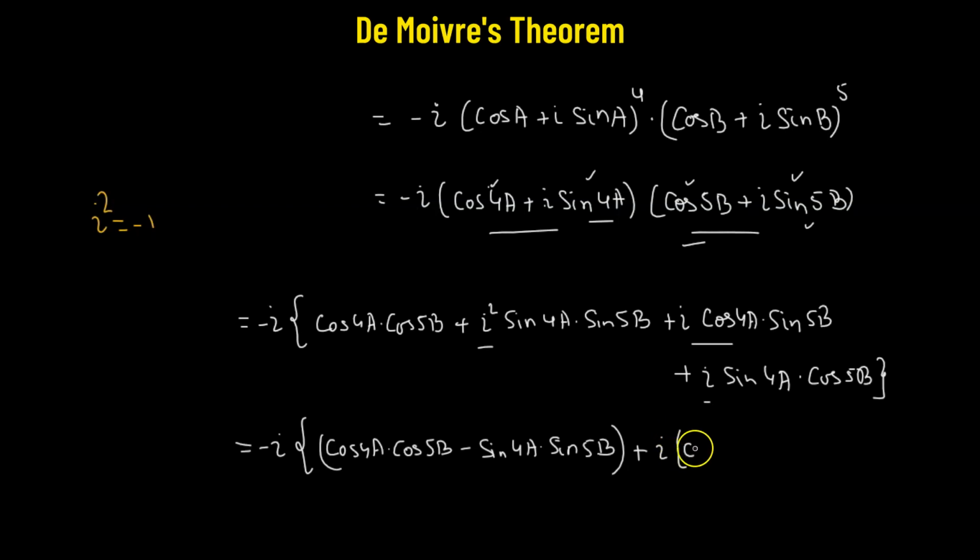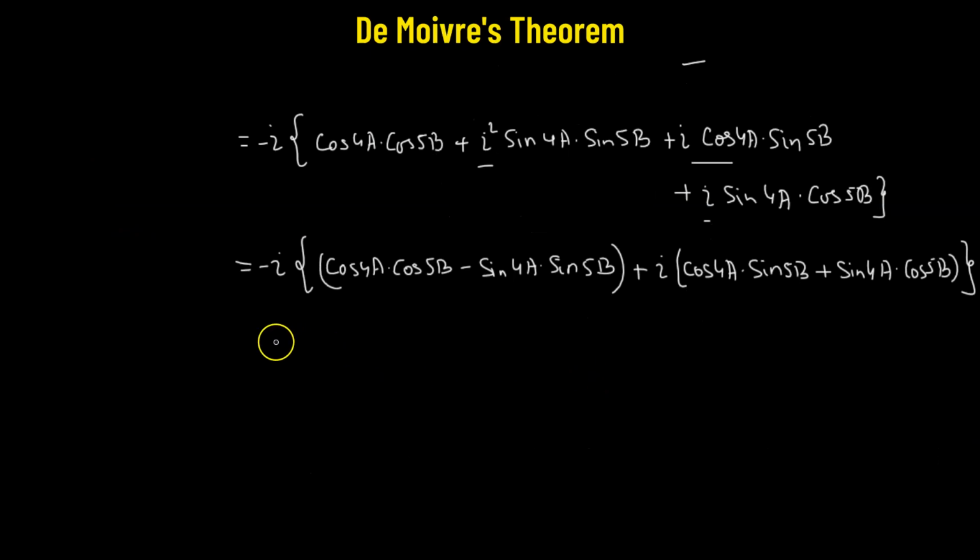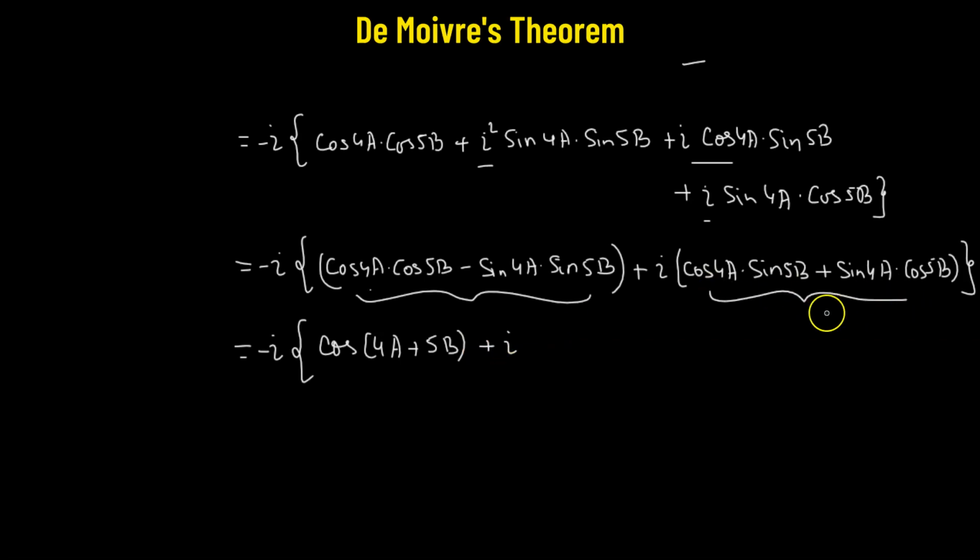So iota will get multiplied to cosine of 4a times sine of 5b plus sine of 4a times cosine of 5b. Right. That means we now have negative iota multiplied to, so cosine of 4a cosine of 5b minus sine of 4a sine of 5b is actually an expansion of cosine of 4a plus 5b plus iota times, and this particular expression is an expansion of sine 4a plus 5b.